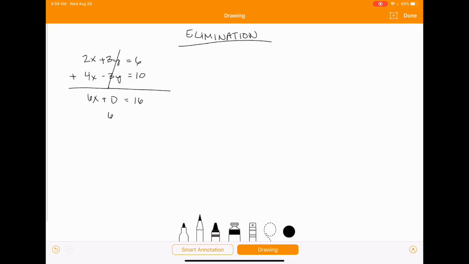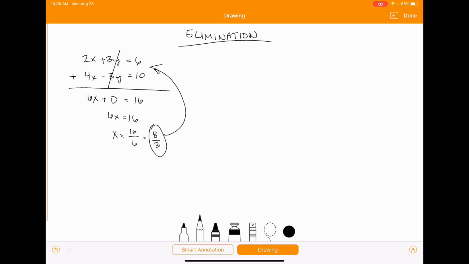So you can get 6x equals 16. You can solve for x, which is going to be equal to 16 over 6, which divide top and bottom by 2, you're going to get 8 over 3. And then you can just, again, take this and substitute it back into one of your equations and solve for y. Just like we did above.